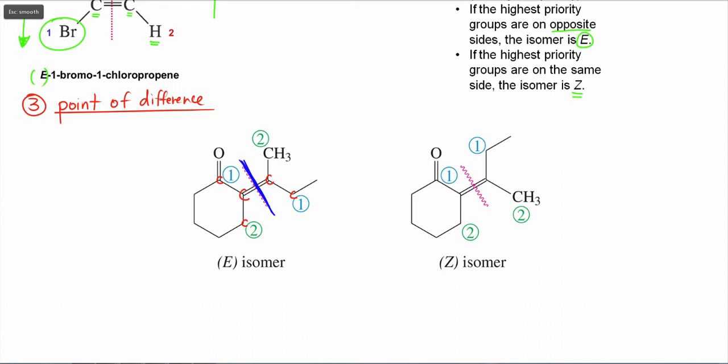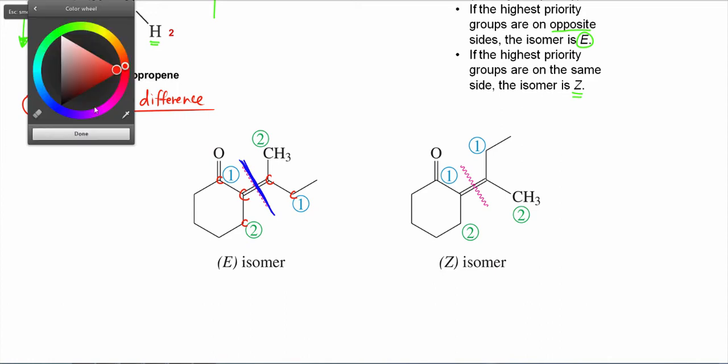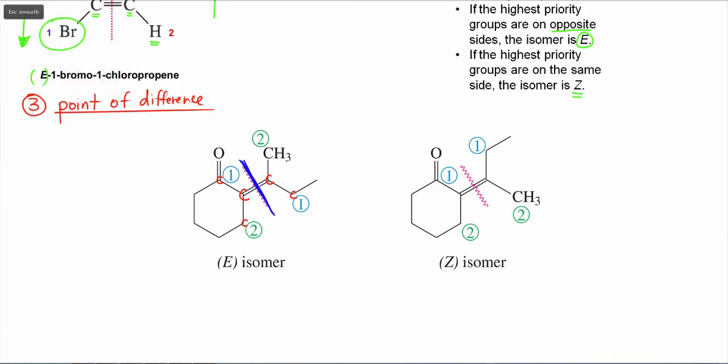Okay, so let's look at this side of the double bond here, in purple. This sp2 carbon is attached to this carbon and to that carbon. So you would think that you're stuck, but I need to see what those two carbons are attached to.